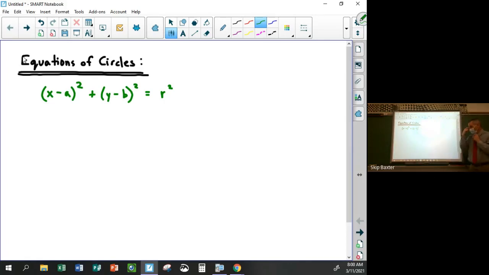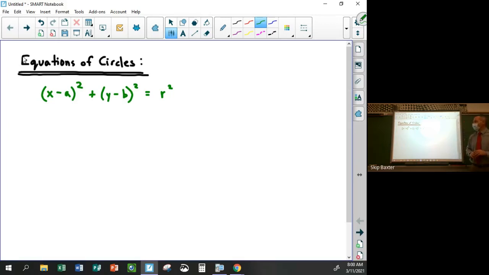And we talked about two different types of questions. We talked about questions where they give you a graph or a description of a circle, and you have to just figure out what the center and radius are, plug them into the formula. The answer is the equation of the circle. And then there were questions that went the opposite way, where they gave you the equation of a circle, and they wanted you to find the center and radius or graph it or describe it in some other way.